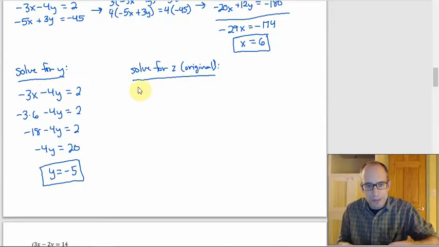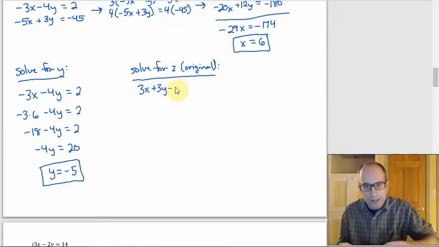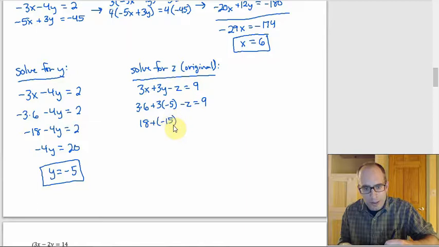All right, so 3x plus 3y minus z equals 9. And we know what x and y are. So this will be 3 times 6 plus 3 times negative 5 minus z equals 9. That's 18 plus negative 15 minus z equals 9.